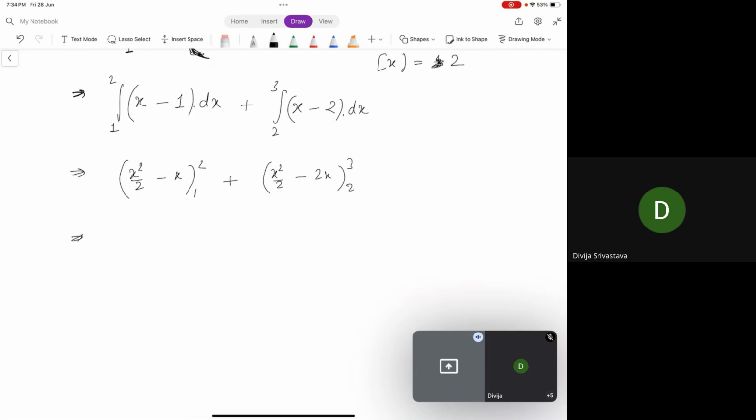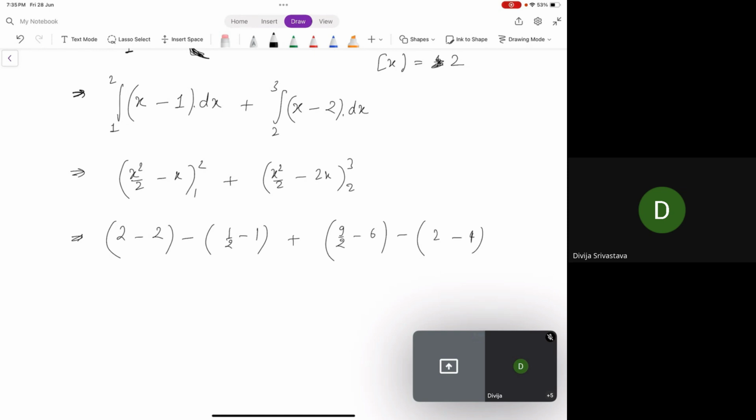Then put the limits here. Put 2 first: 2 square is 4, by 2 is 2, minus 2. Then put 1: 1 by 2 minus 1. Then here put 3: 3 square, 9 by 2 minus 6. Then put 2: 2 square again, this will be 2 minus 4.